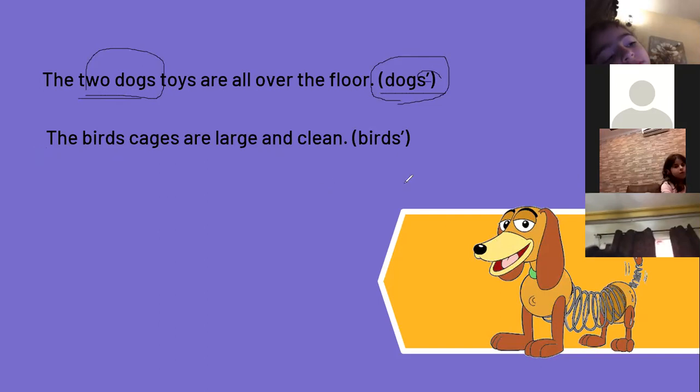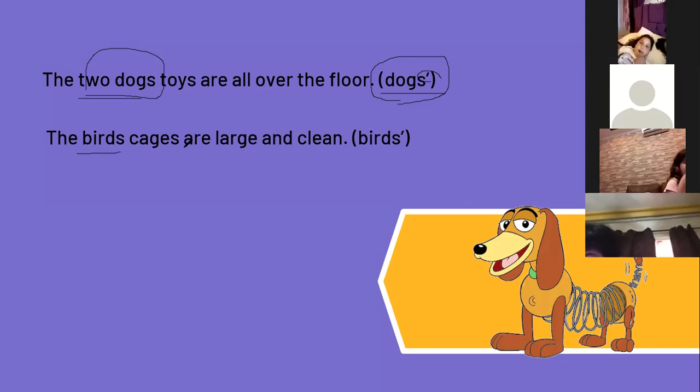Iba, read the second sentence. The birds' cages are large and clean. Okay, we have birds.